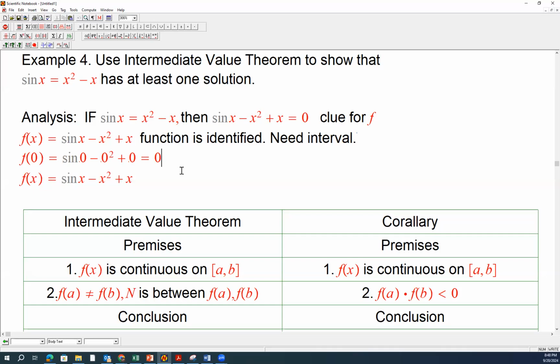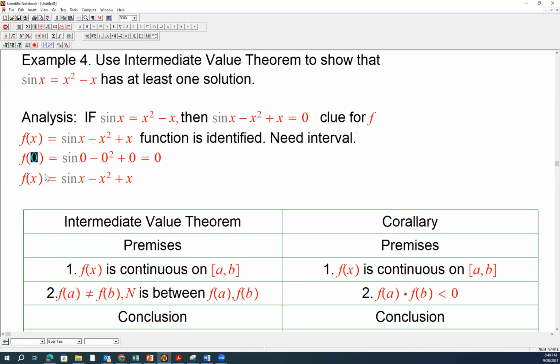Because the next number is either positive or negative, right? The capital N cannot be 0. So we have to choose a number. If we want to use a corollary and solve this equation, we cannot choose 0, even though 0 makes it so much easier.